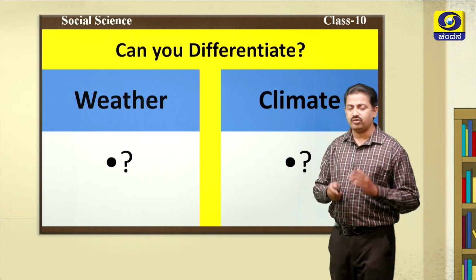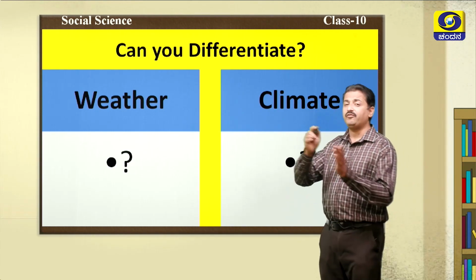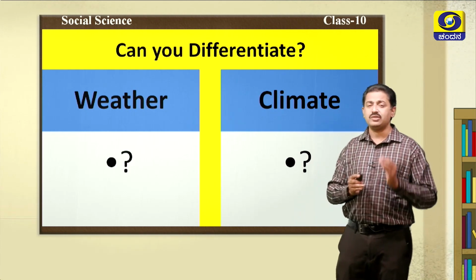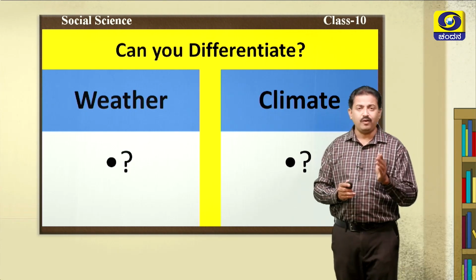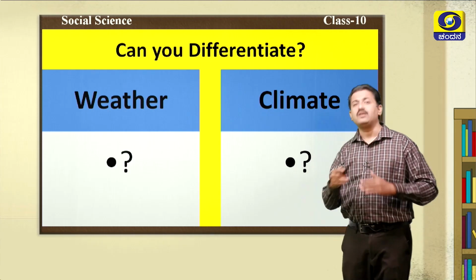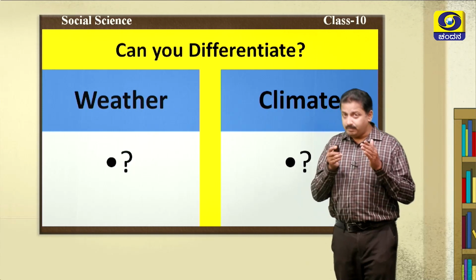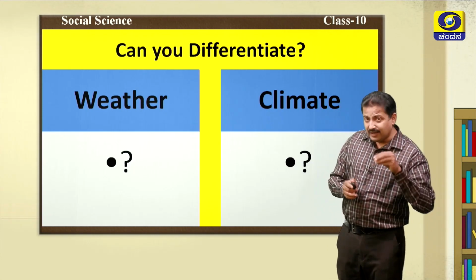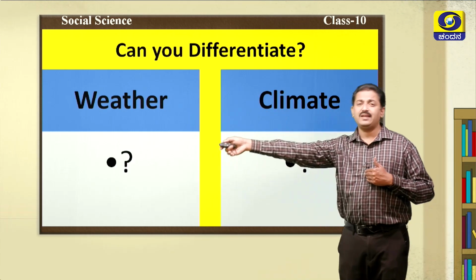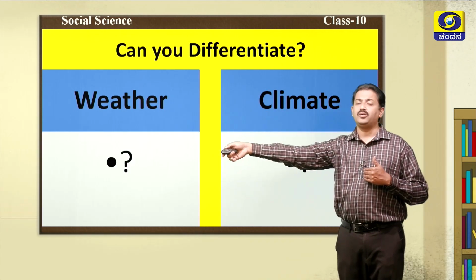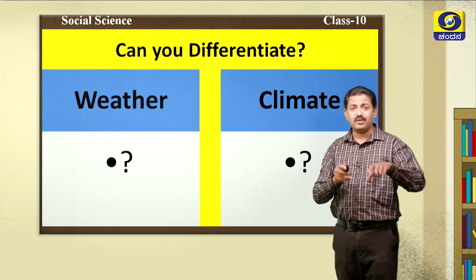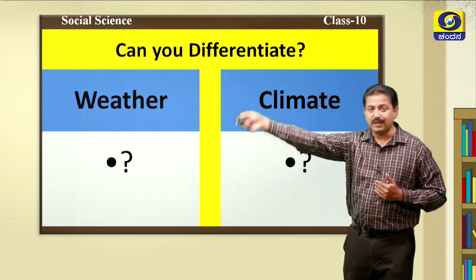Dear students, weather is totally different from climate. Weather refers to short-term changes in temperature, rainfall and humidity. It changes from place to place. For example, Bengaluru. In Bengaluru, the weather condition of one place may differ from the neighboring place.